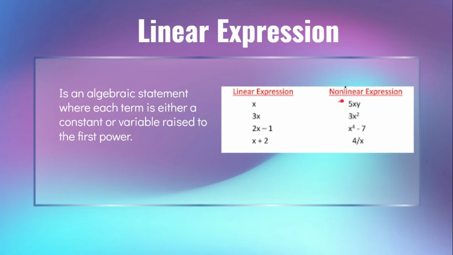So the first one has two different variables, 5xy. 3x squared has an exponent greater than 1. Therefore, it is nonlinear. x to the fourth power minus 7 also contains an exponent which is greater than 1. And 4 over x is a fraction that has a variable in its denominator. Therefore, it's not a linear expression.